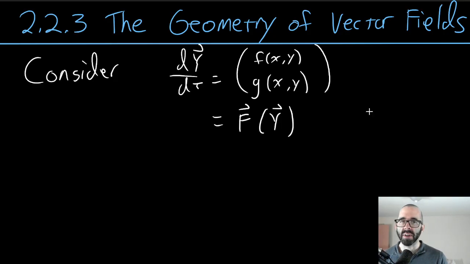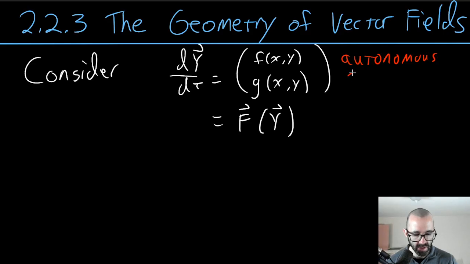And I want you to notice something here, right? Notice that this is, again, an autonomous system. And in fact, for all of the rest of chapter 2 and all of chapter 3, we're only going to look at autonomous systems. We're only going to look at systems of differential equations with no explicit independent variable.